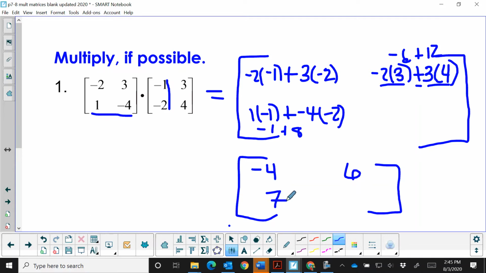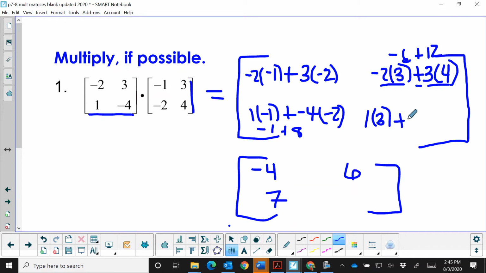Now there's a lot of room for arithmetic errors, so be very careful as you're multiplying and adding here. And for this last position, that is the bottom row and that is the second column. So I go bottom row, second column. And I'm going to multiply 1 times 3.